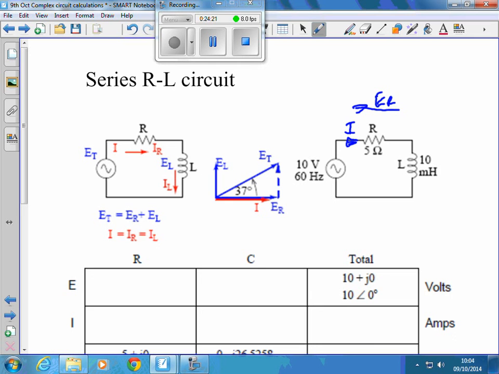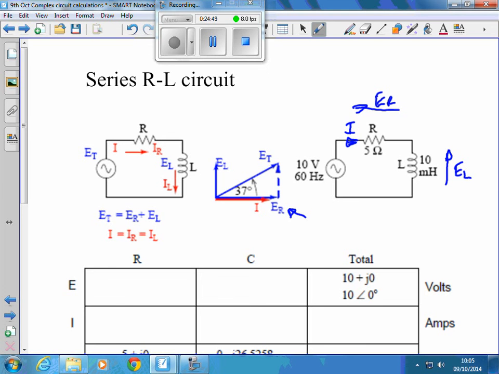ER. We talked about that being in phase with the current. So that's this one here. We've got the voltage across the inductor, EL, 90 degrees upwards, leading the current by 90 degrees, which it does in an inductive circuit. Yeah, think CIVIL.